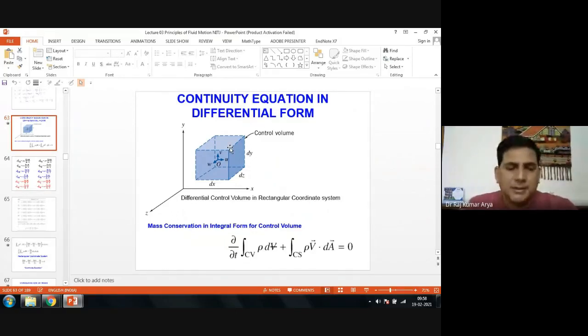In this case, motion is just starting. This is the velocity at the center. At the center, velocity in x direction is u, y direction is v, and z direction is w. If you want to calculate the velocity at this particular end here, you can do the Taylor series expansion to plus x side and minus x side.